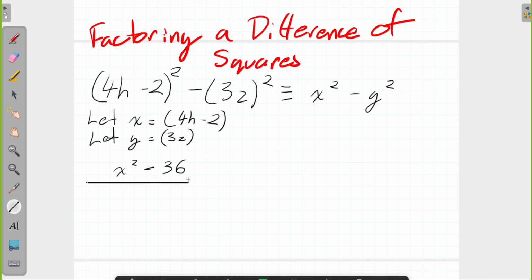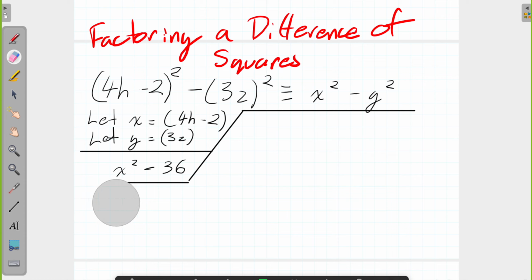Actually, I should have done it here, and delete that other line. There we go. We have this question here. I could rewrite this as a trinomial that looks like this: x squared plus 0x minus 36.